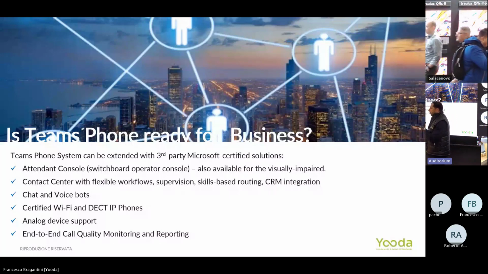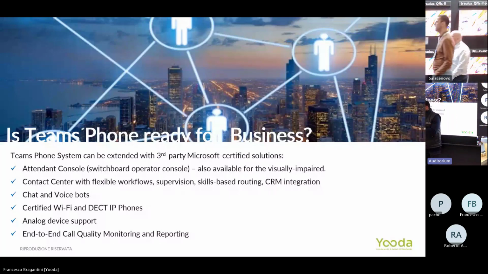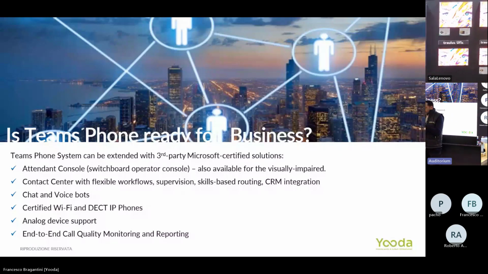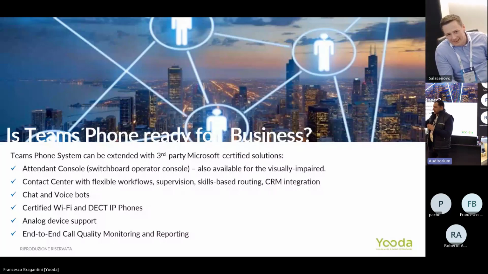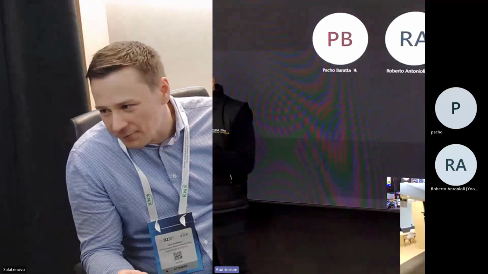Also very important to administrators is end-to-end call quality monitoring and reporting. So basically, Microsoft provides reporting and call quality details for Teams calls, both for internal Teams calls and meetings and for PSTN calls.